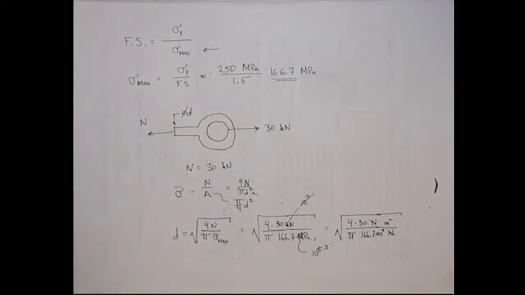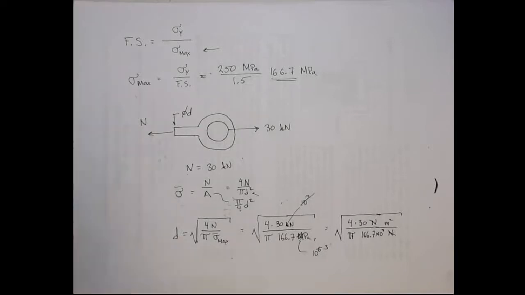Let's just do the math. So this is 4 times 30, it's 120, divided by pi times 166.7, times 10 to the third, and now we take the square root.